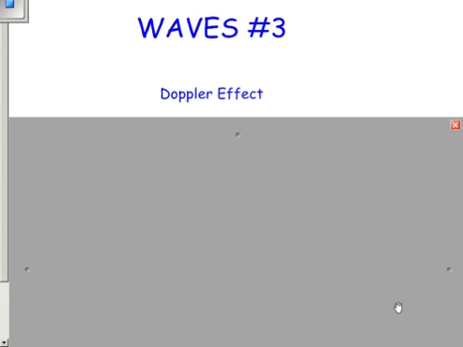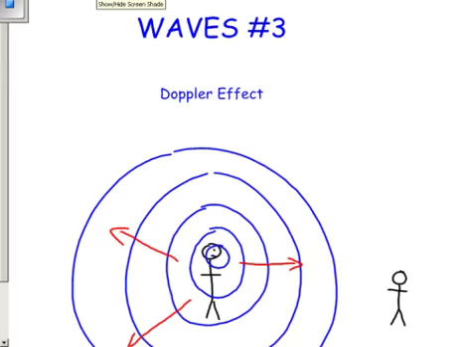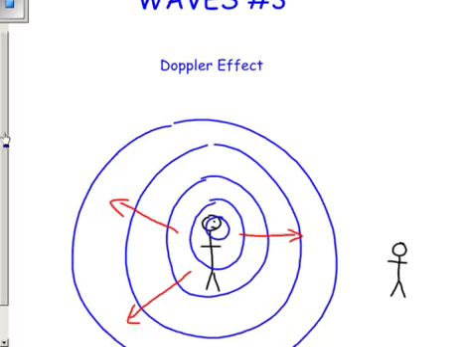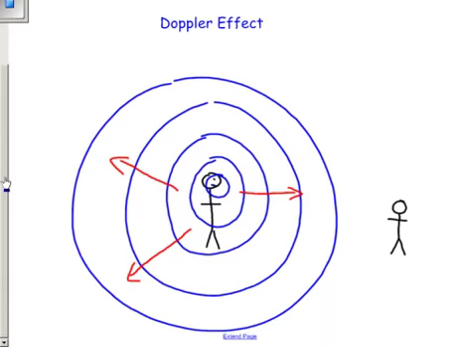To start off, let's pretend there's a person singing a note. And they're keeping the note the same, the pitch of the note the same, and the volume, and the note's going out in all directions. What I've drawn here is a representation of that wave.